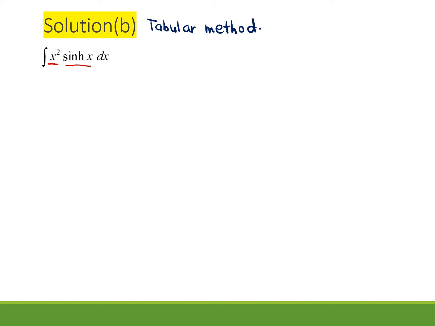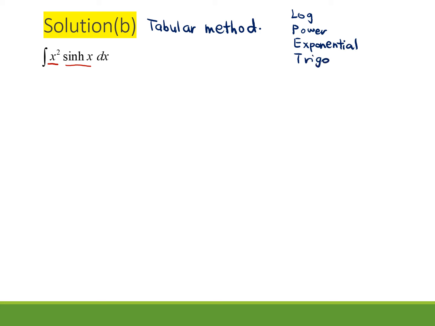Okay, for the tabular method, you have to identify which function should be differentiated and which function should be integrated. So in order to do this, you have to use this formula, LIPET, where L stands for logarithmic, P is power, E stands for exponential, and T is for trigo.